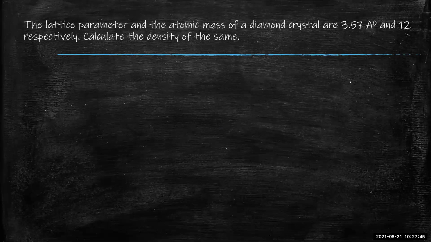That is, given that lattice parameter A is equal to 3.57 angstrom, or 3.57 into 10 raised to minus 10 meter, and the atomic mass is equal to 12, that means 12 AMU, atomic mass unit. Here we have to find the density.